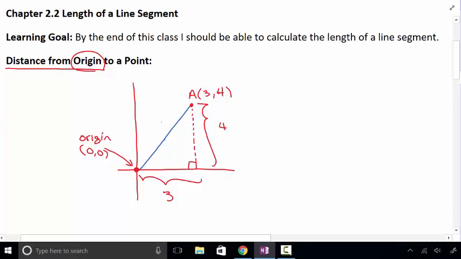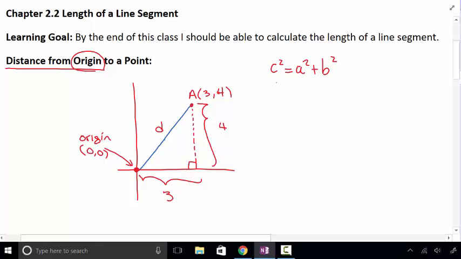And then I do need to find my distance. So I'm going to use the Pythagorean theorem, which is C squared equals A squared plus B squared. Now, all I need to do is plug in my numbers, and I should get an answer.